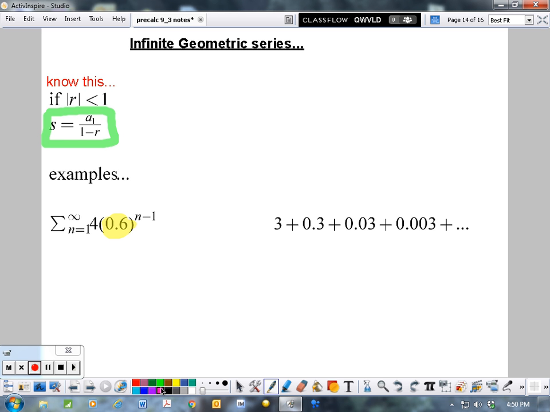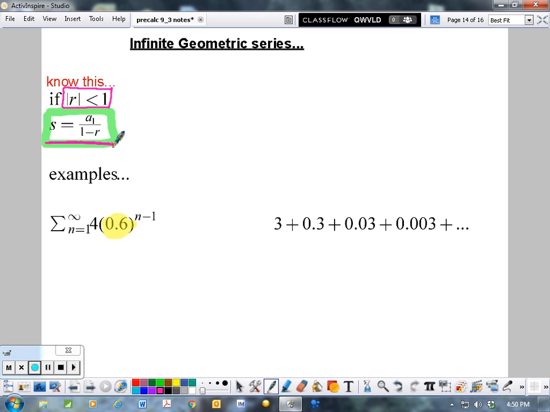We can tell that if our r is less than 1, like 1/2, 1/5, 2/3, 3/4, then it's going to approach a certain number. And that number is going to be our first term divided by 1 minus r.